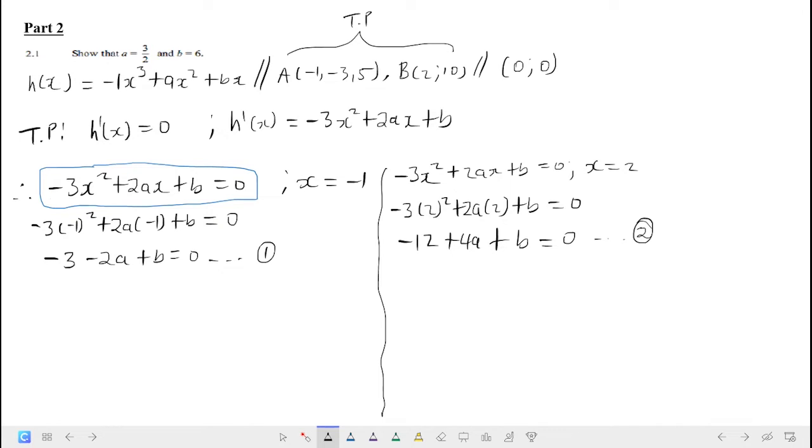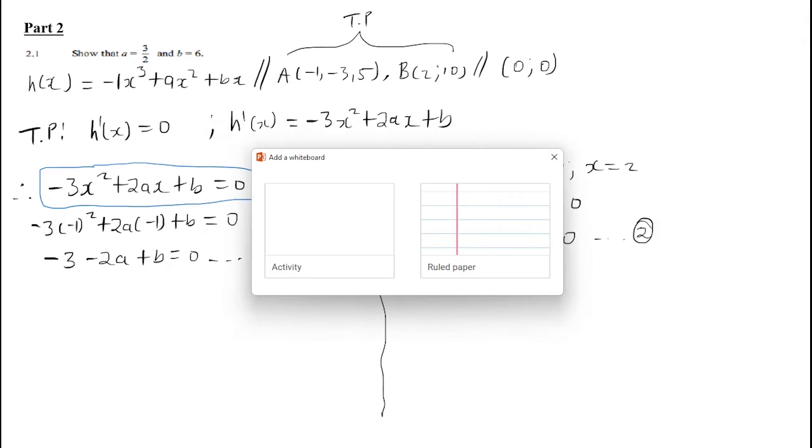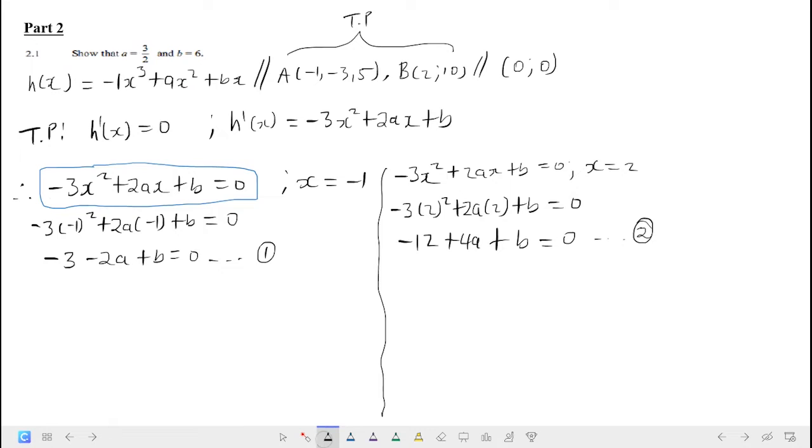So now what are we going to do from this one? Let's open a new space so that we can see this clearly. Now the first equation, if you remember, was minus 3 minus 2a plus b equals 0.